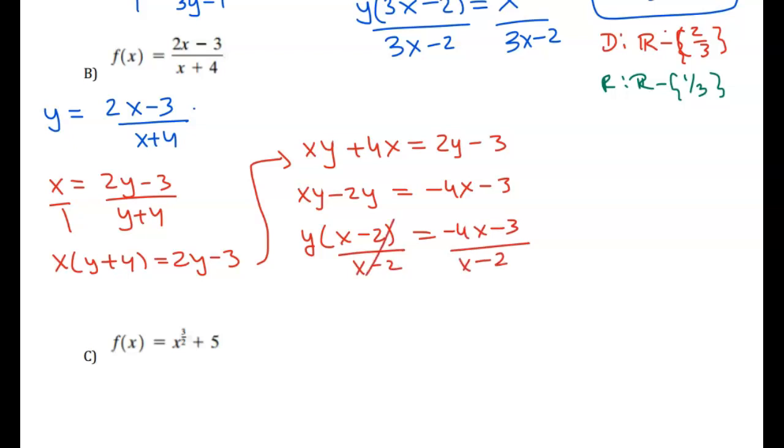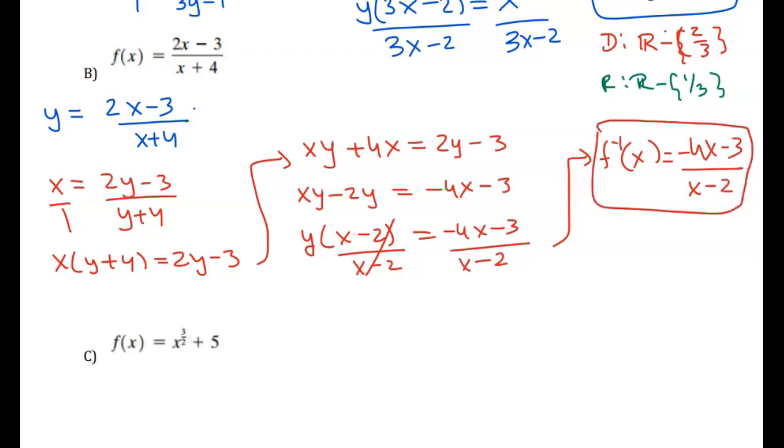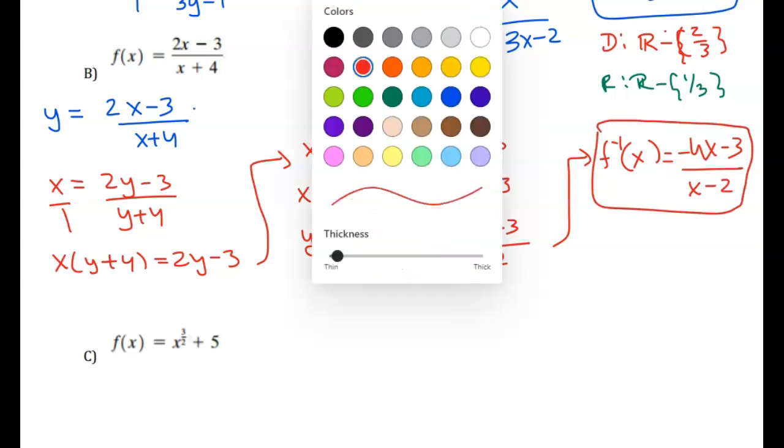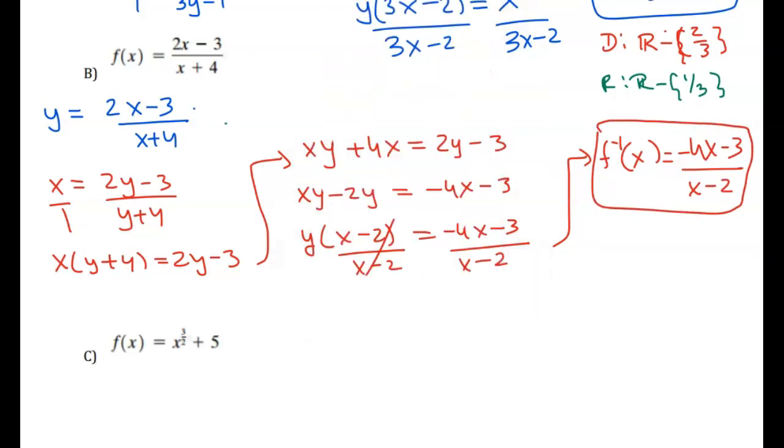So we get y, or the inverse, is negative 4x minus 3 over x minus 2. Okay? Cool. So now we're going to find the domain of each. So the domain of this one is all the real numbers except for x equals negative 4. The domain of this one is all the real numbers except for x equals 2.